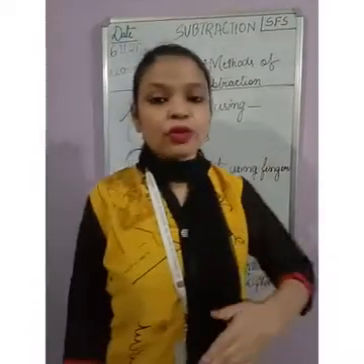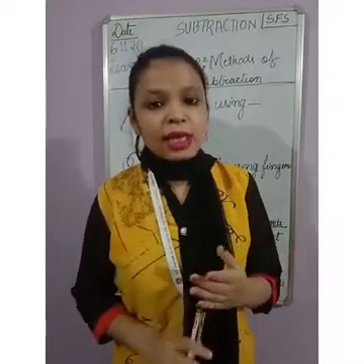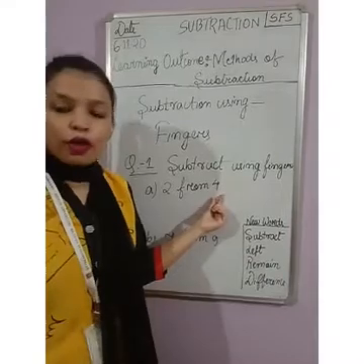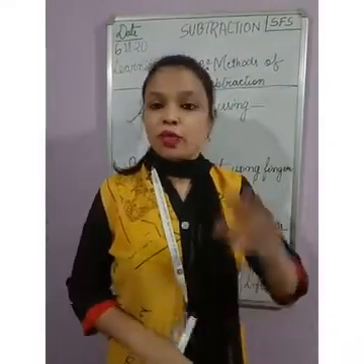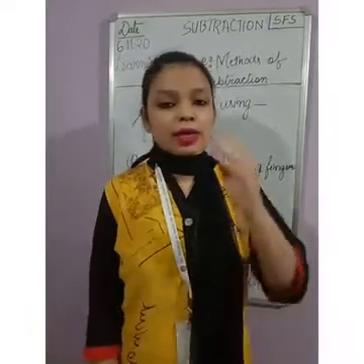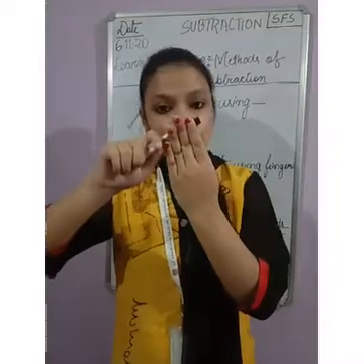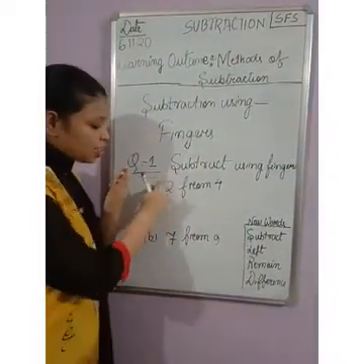So what do we have to do? We have to use our fingers. The first step is to look at the bigger number. What is the bigger number? 4. That means we keep 4 fingers open in one of our hands. So I'll take 4 fingers: 1, 2, 3, 4. Now what number do we have to subtract? We have to subtract 2.